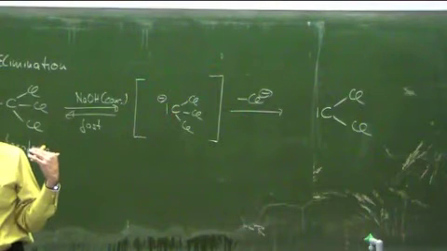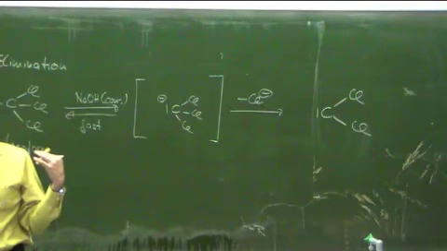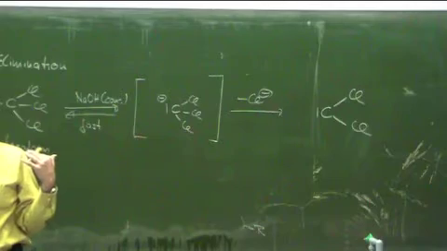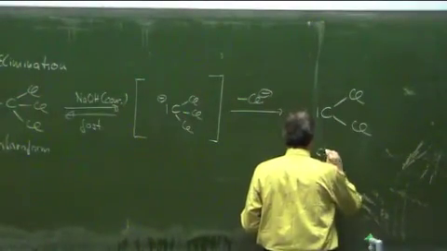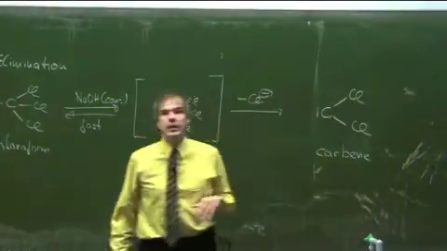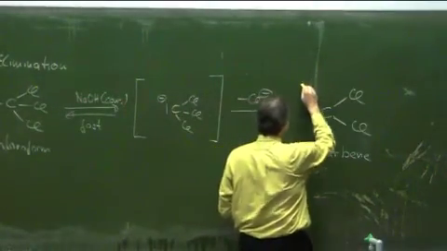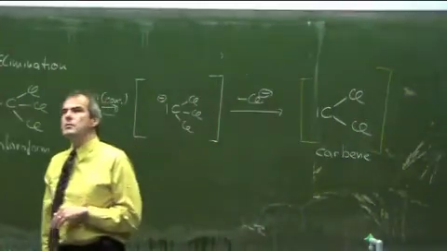What is this for species? Carbon with only two groups. We could call it unhappy carbon, right? But there are many unhappy carbons, so this is called a carbene. And these carbenes are highly reactive. So these are very short-lived intermediates, but they are extremely useful.